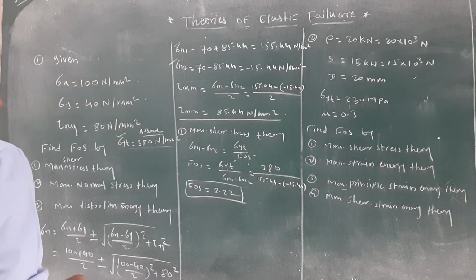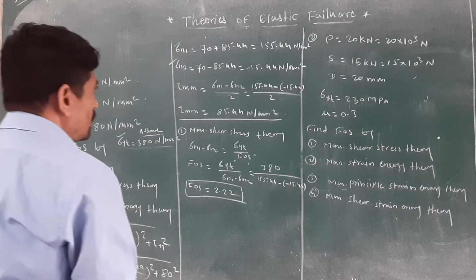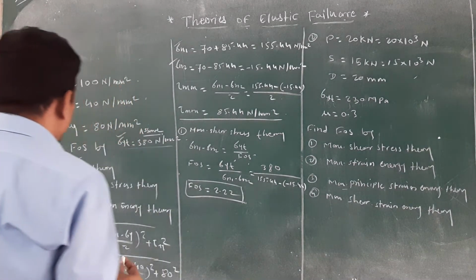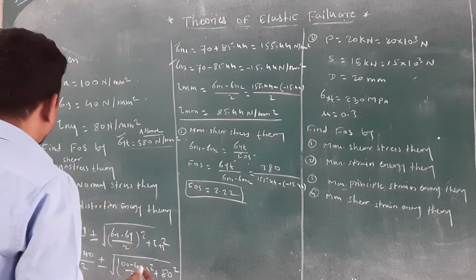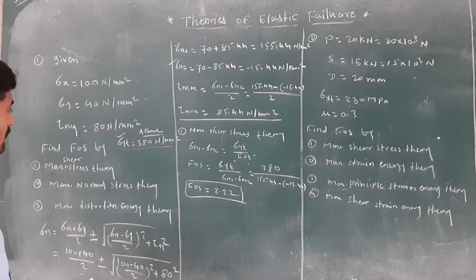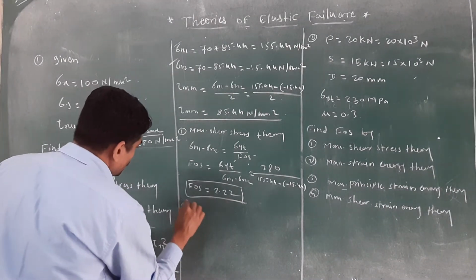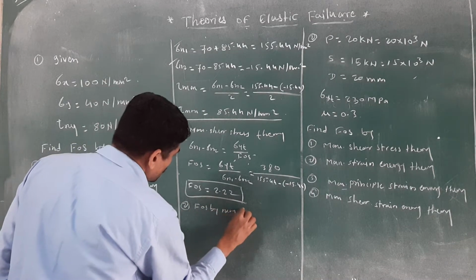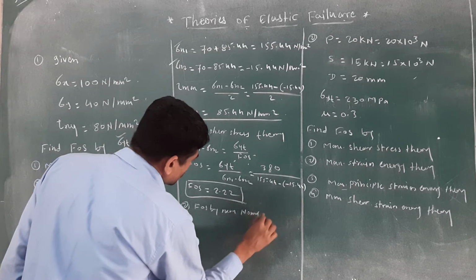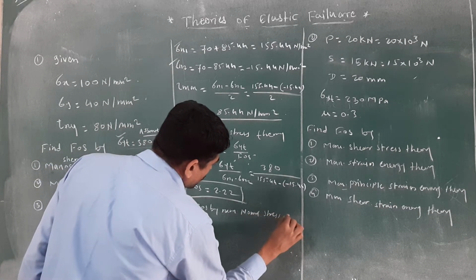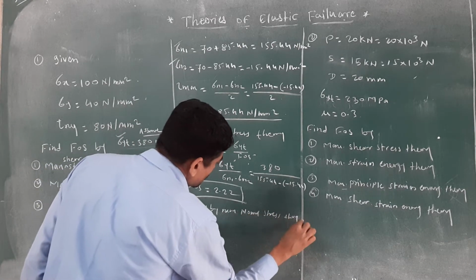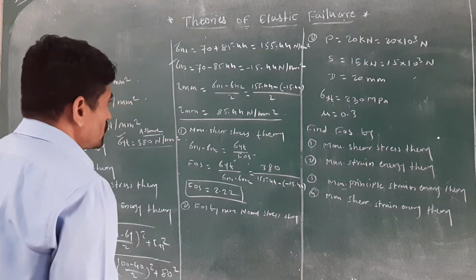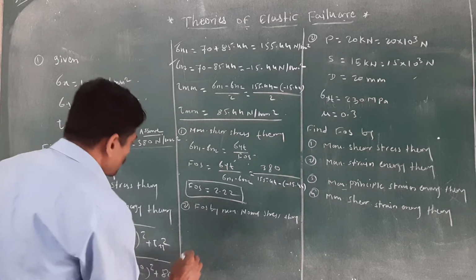Okay. And then next we want to calculate the second one, factor of safety by maximum normal stress theory. What is the normal stress theory? Anybody? Factor of safety by normal stress theory.